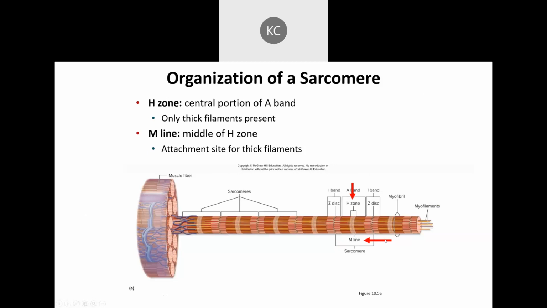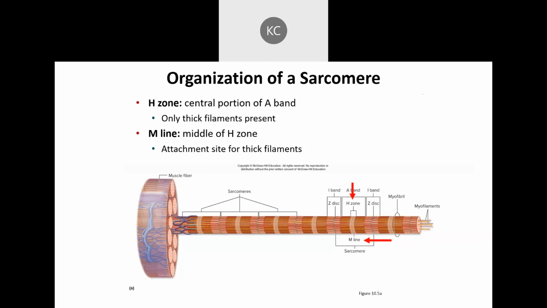Now, the mnemonic I told you I'd give you is relatively straightforward and easy to remember. I didn't come up with it, but I really like it. It helps you remember which zones or bands have thick, which have thin, and which have both. If you compare the letter I to the letter H, the letter I is thinner, so it only contains thin filaments.